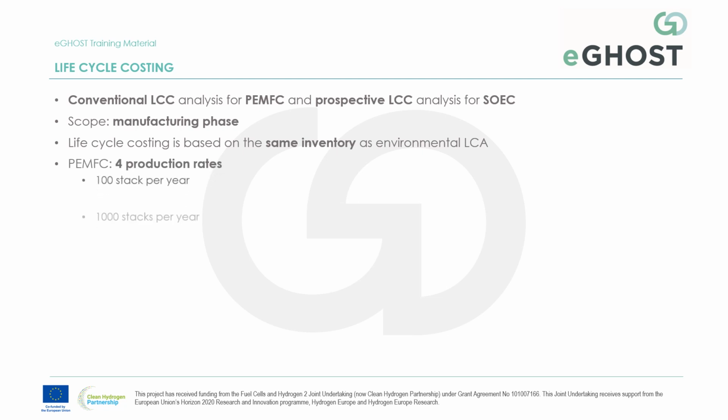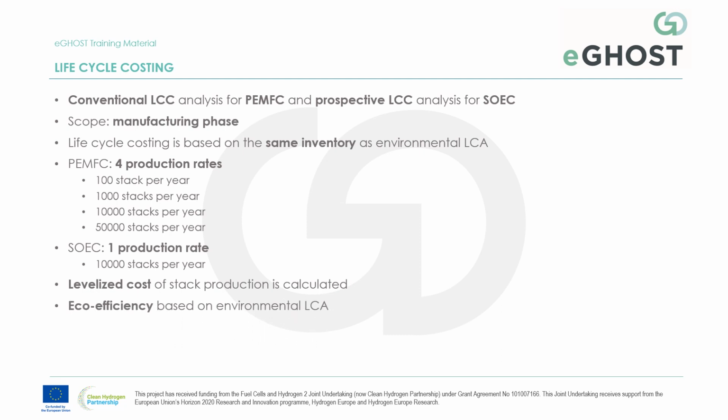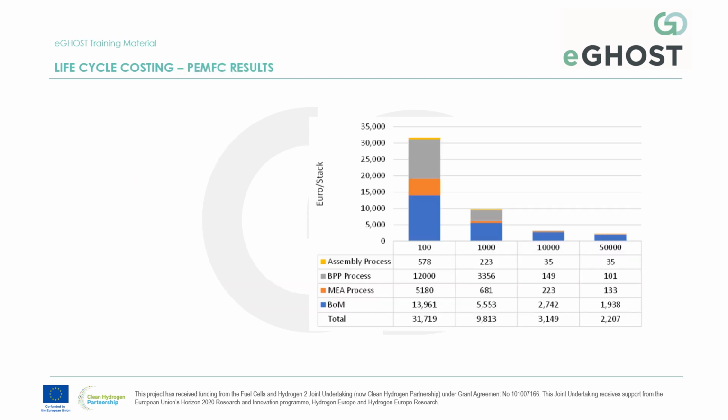For the PEM fuel cell, we have 4 production rates, and for the solid oxide, just 1 production rate. We calculated the levelized cost of the stack, and we also did the eco-efficiency, which is based on the environmental LCA.